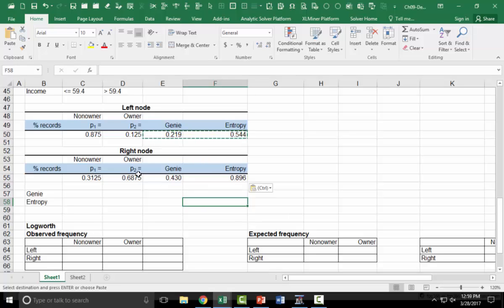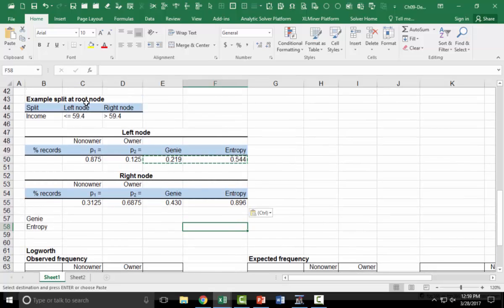Now, Gini and entropy are for a given node. What we want to do is evaluate how good a split is. A split results in, in this case, since this is a binary split, two nodes, and now we have to take a weighted average of the index that we have computed.